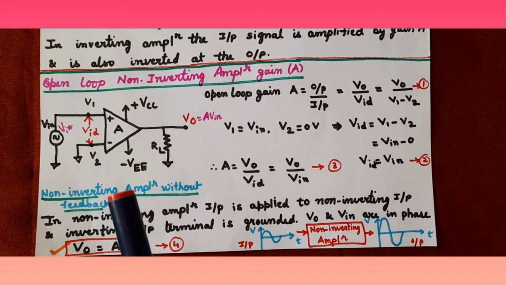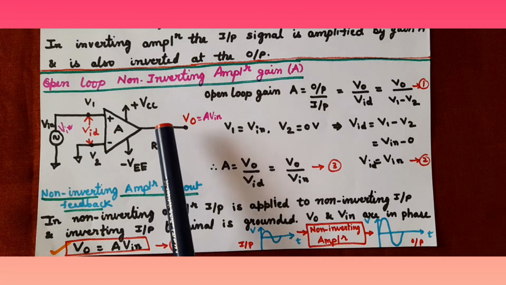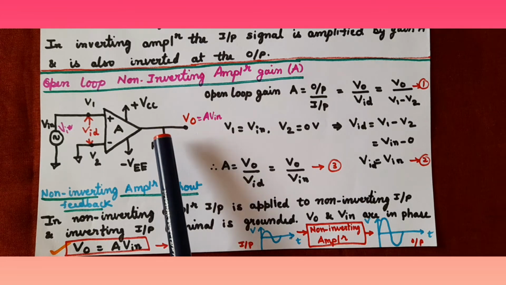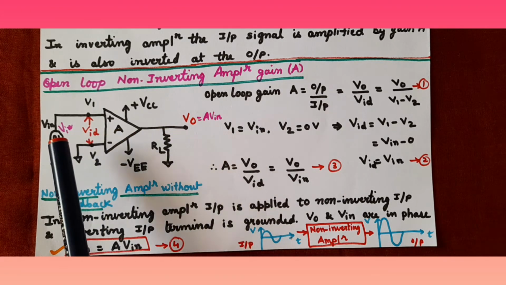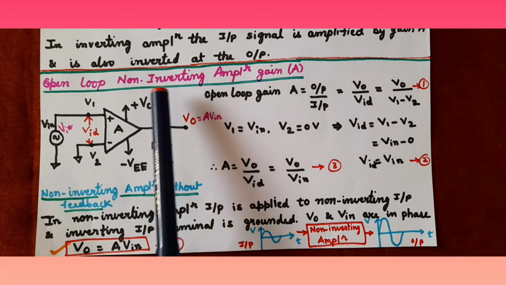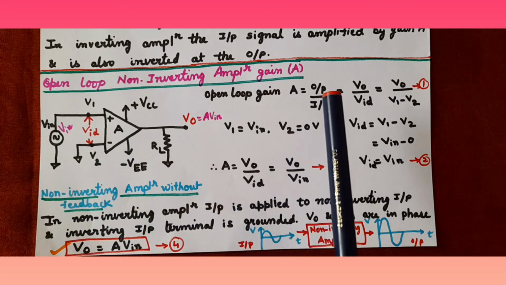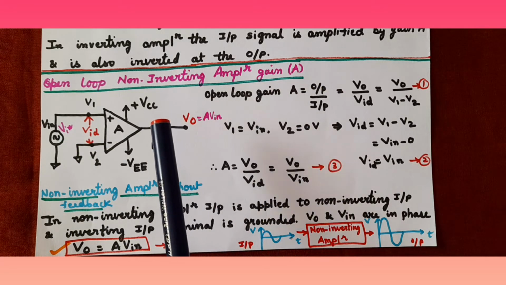Non-inverting amplifier without feedback. Now coming to the circuit diagram, why it is known as non-inverting? Now you can easily tell, because the input is connected to plus or non-inverting terminal of the op-amp and inverting terminal is connected to the ground. And why is it without feedback?